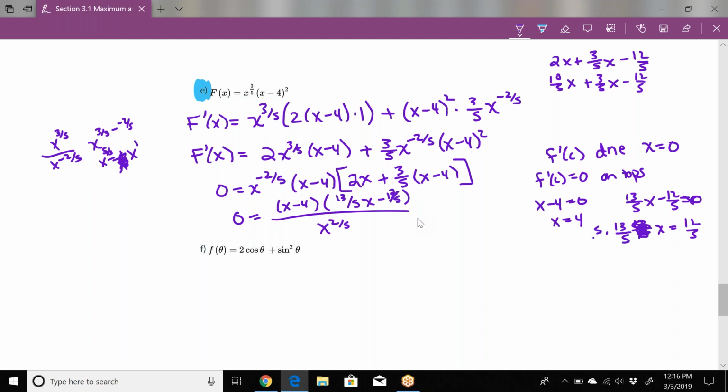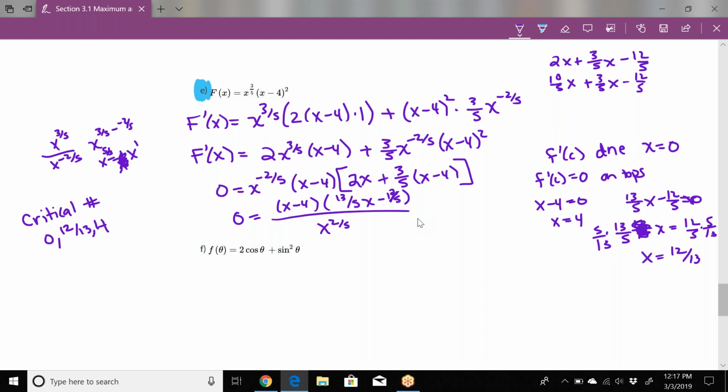And then we would multiply by 5/13 on both sides. So you get 12/13. So my critical values or critical numbers are anywhere that my derivative equals 0 or my derivative does not exist. So in order from least to greatest, that would be 0, 12/13, and 4.